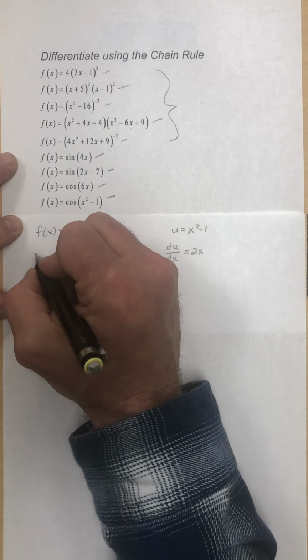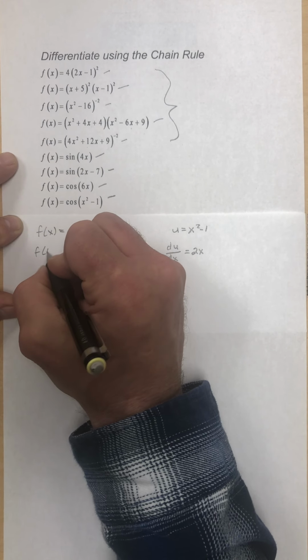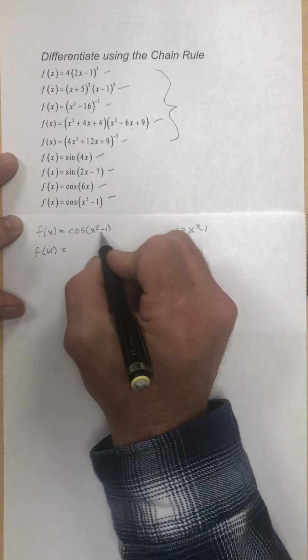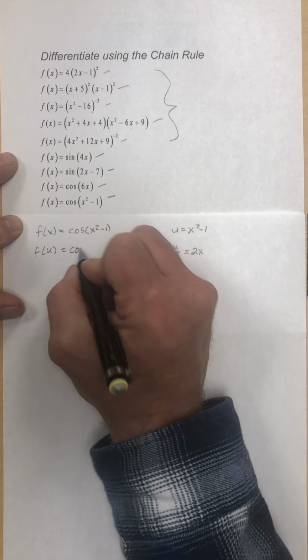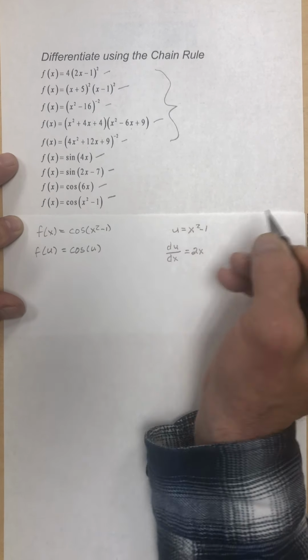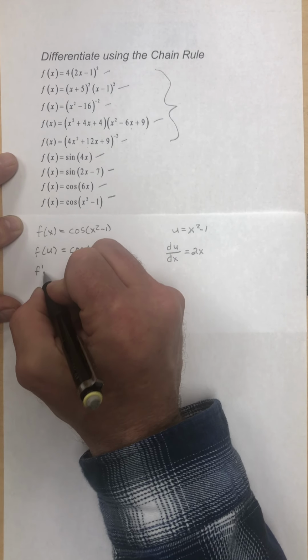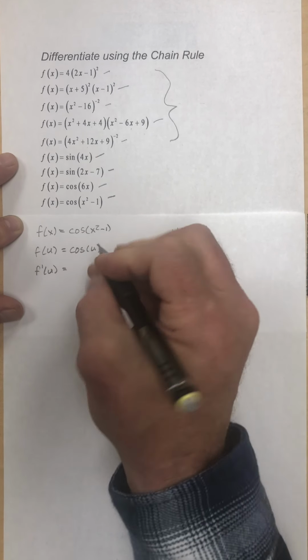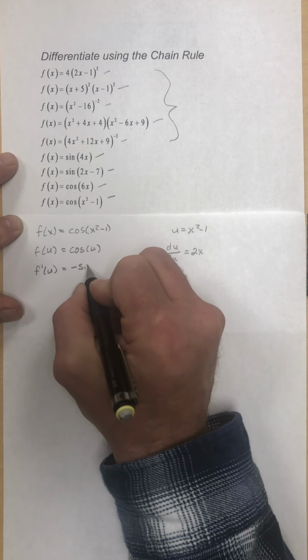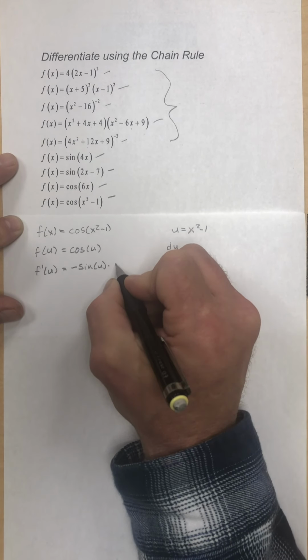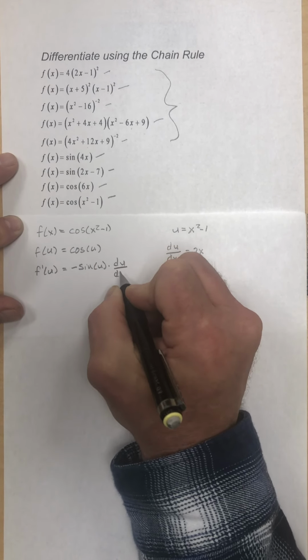So do our u substitution. f of x becomes f of u. Cosine of x squared minus 1 becomes cosine of u. And then we take our derivative with respect to u. So I get the opposite of the sine of u times du dx.